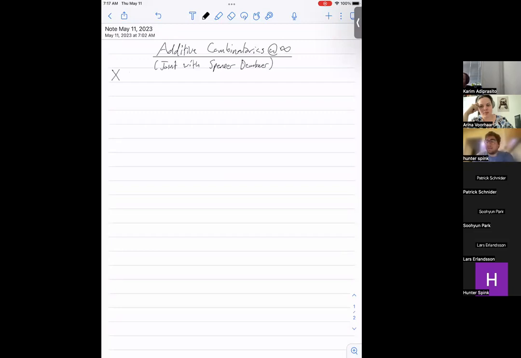Okay, so the setup is going to be this. Let's say I have some set in R^n defined by polynomial equations, like a circle or a line, or maybe a higher dimensional thing.